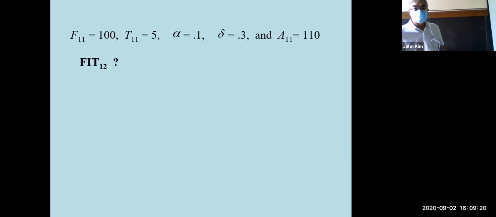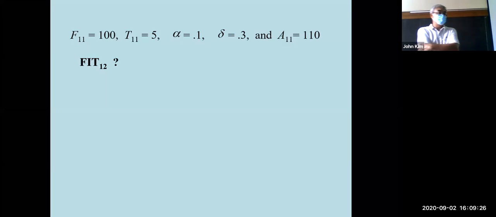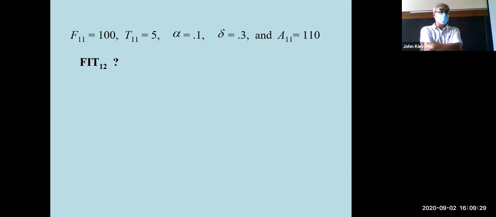Example: F11 equals 100, T11 equals 5, alpha equals 0.1, delta equals 0.3, and actual demand equals 110.